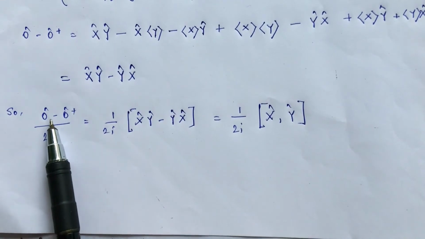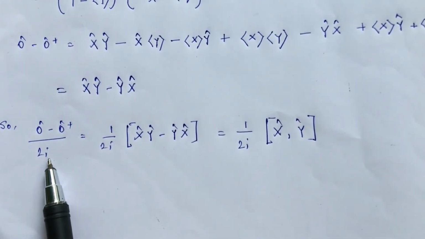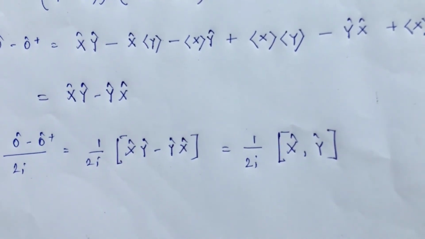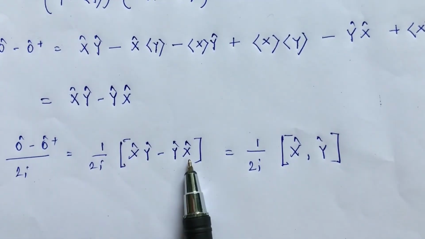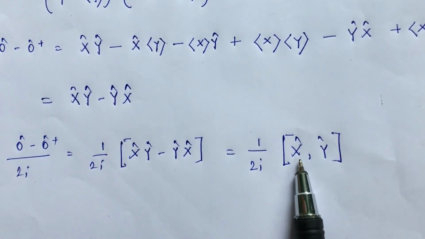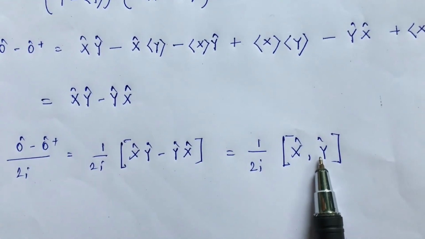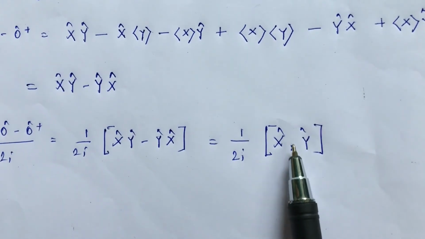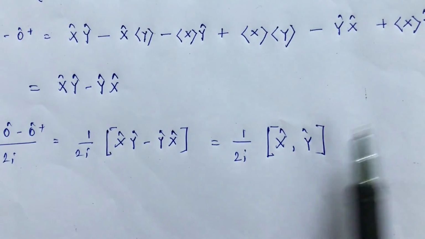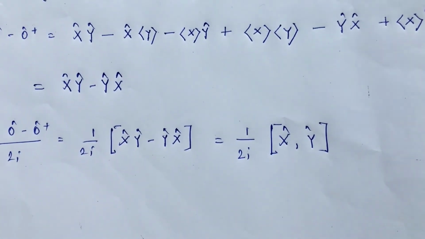So this O minus O dagger by twice I turns out to be 1 by twice I, xy minus yx, which is equal to 1 by twice I, the commutation relation of x operator and y operator. This is a general relation. This is not for position or momentum. These two are general dynamical variables which do not commute.